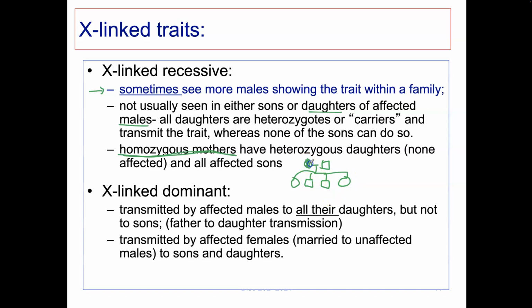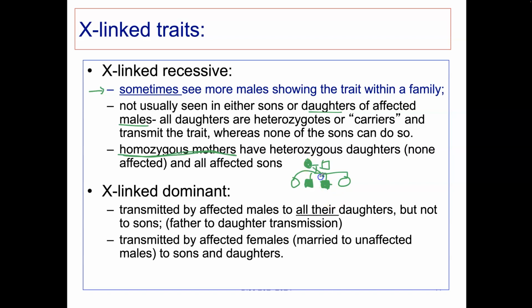But if we saw just one male with it, for example, we'd have to go, okay, this must be an autosomal recessive trait, and just by chance this one son is getting it, and the father must be heterozygous. But if this is X-linked recessive, both the males will have it. The mom only has recessive alleles to pass on, and the males only get their one X from their mom. So whatever she's got, that's going to dictate what their genotype is.